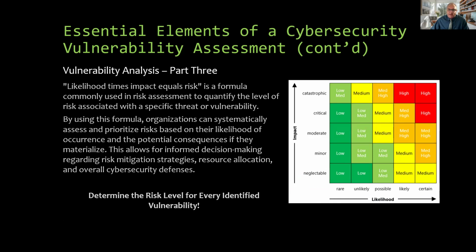And here we have a scale where the highest impact and the highest likelihood vulnerabilities, if exploited, result in those having the highest risk to the company. So this has to be done for every single vulnerability, right?